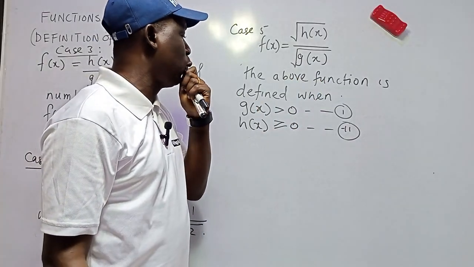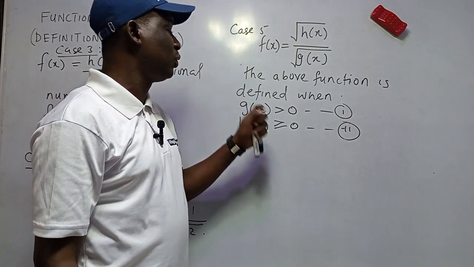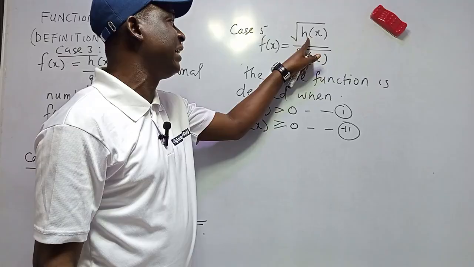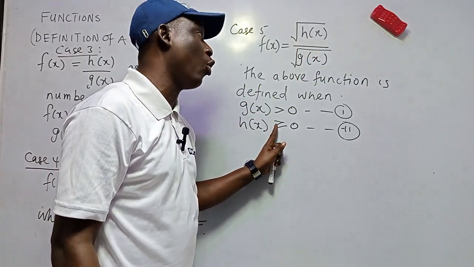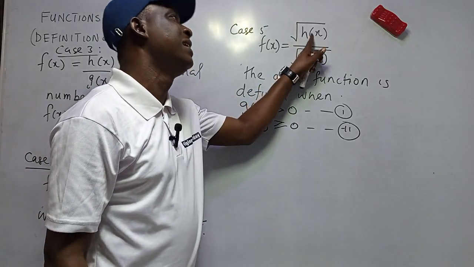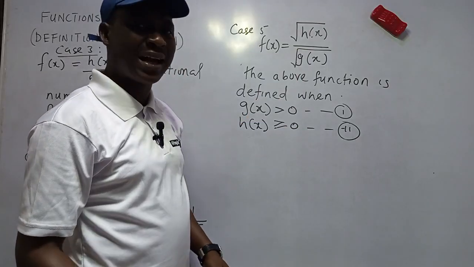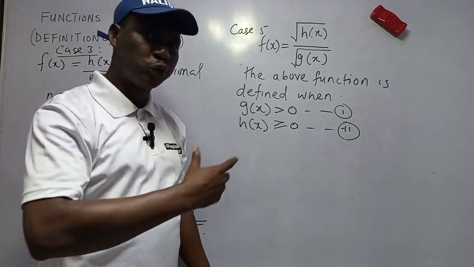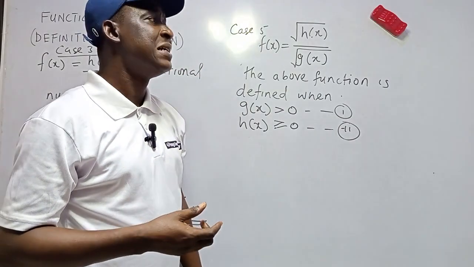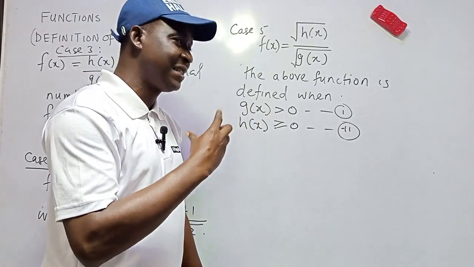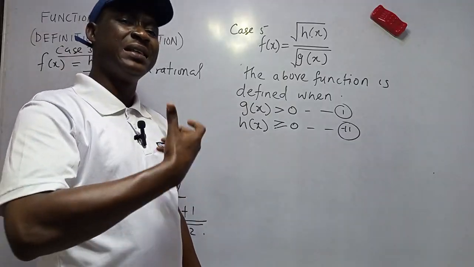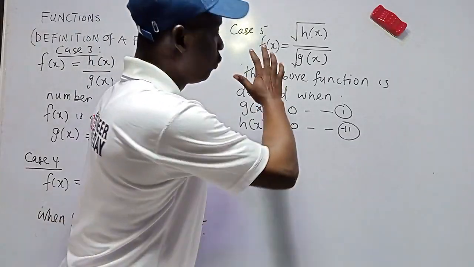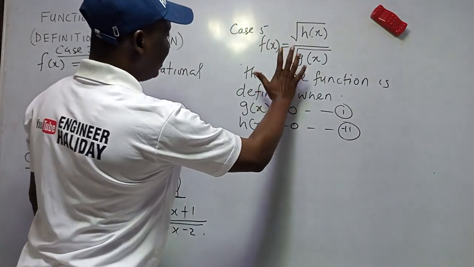Then another thing to make the function defined is to make h of x greater than or equal to 0. It can never be less. It can be 0. Yes, having 0 at the numerator does not make a function undefined. It's only when we have 0 at the denominator that a function is undefined. So in this case now, we can have a what?